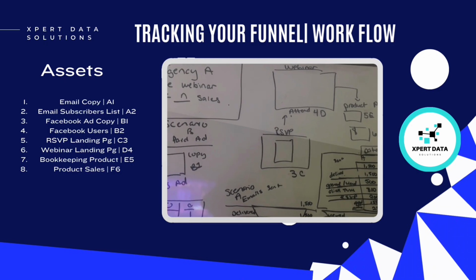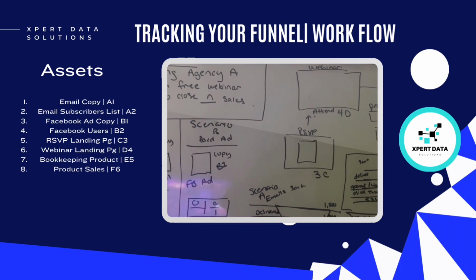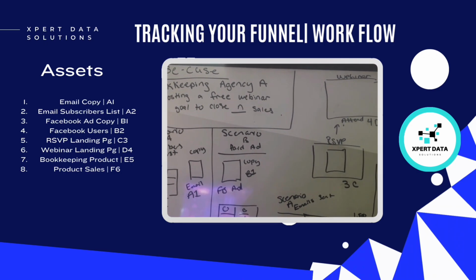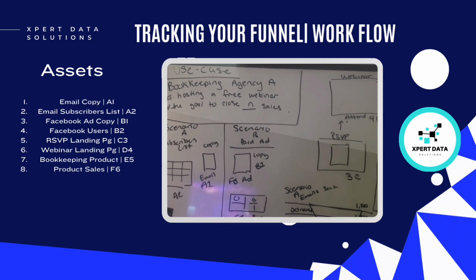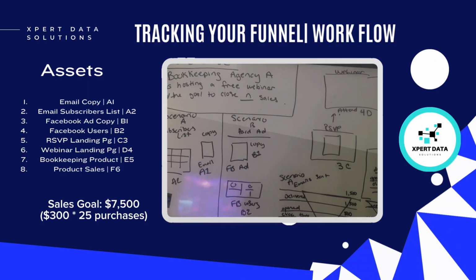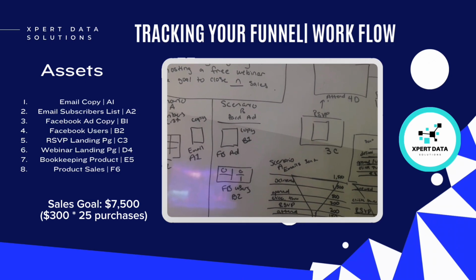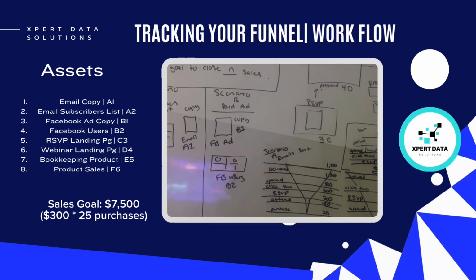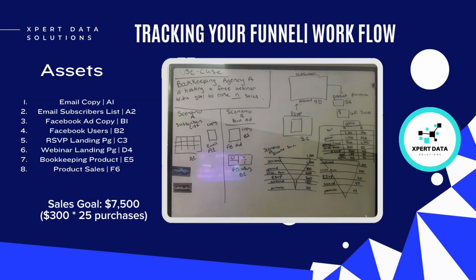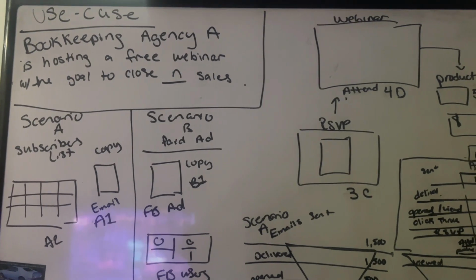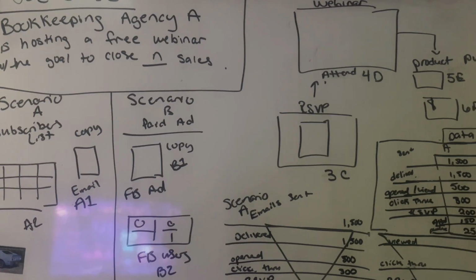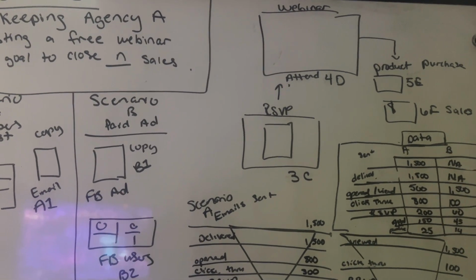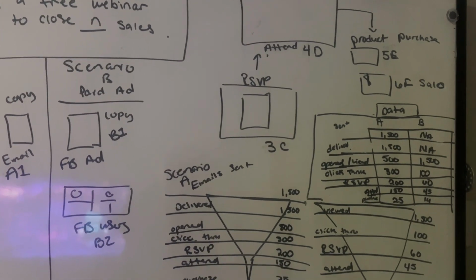And then 6F is the sales, the number of sales. So 25. Let's say it is $300. So $300 times 25 purchases is equal to $7,500. That's our sales goal for the webinar. So that's your overall goal. And those are the data points that we're going to be tracking in this scenario.